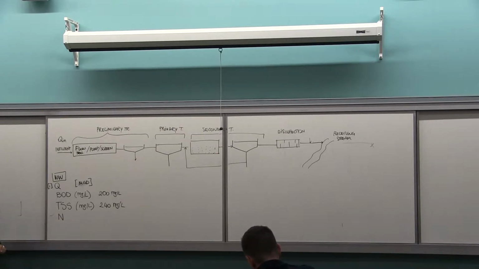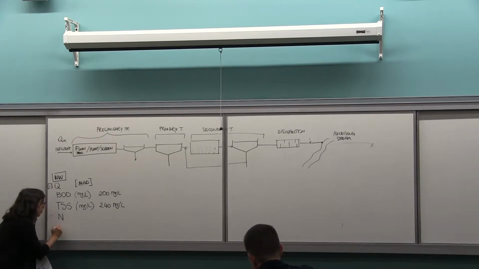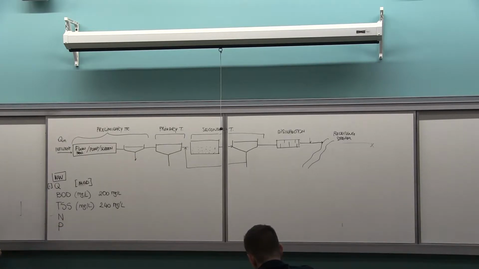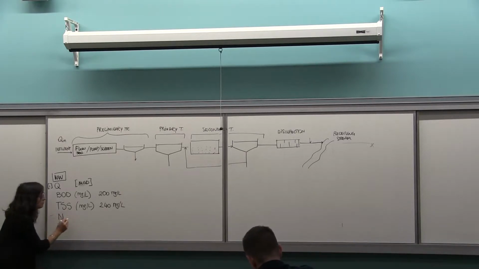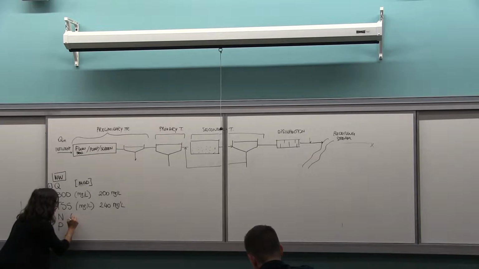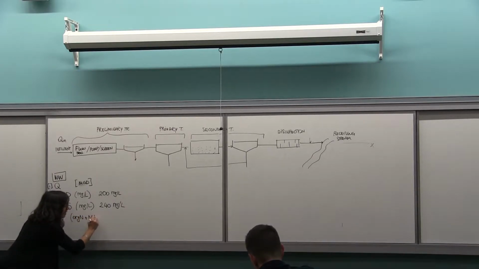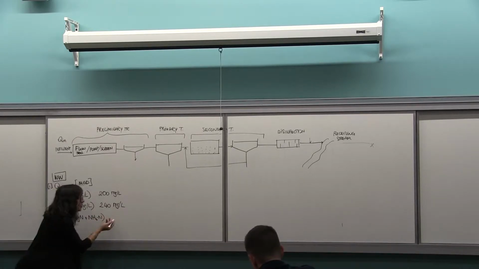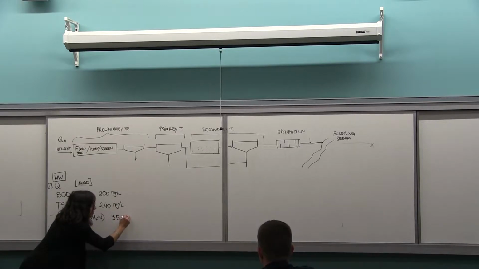Nutrients such as nitrogen and phosphorus are present in wastewater, and nitrogen is mainly in the form of organic and ammonia. So organic nitrogen and ammonia nitrogen. It's usually 35 milligram per liter.